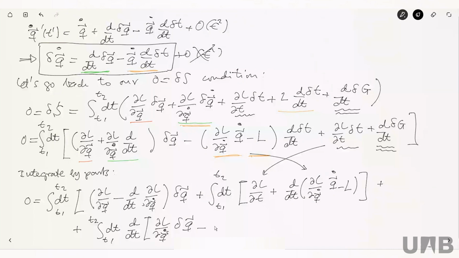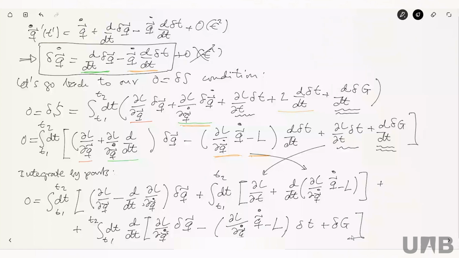So that means that I have to add, okay, the derivative with respect to time of the whole parenthesis, all right, which is dL/dq dot times q dot minus L. So the whole parenthesis, as you see here, times delta t, right? This delta t. And I can add freely the delta g because this was already a total derivative, delta g.